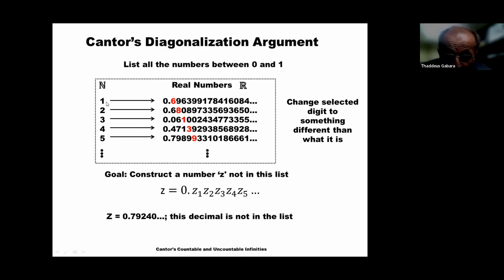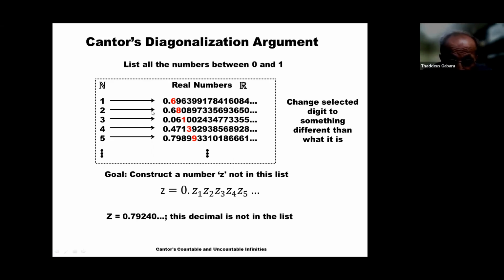So on position 1, he has the number 6. So when he fills in the number in this position that corresponds to the cardinal number 1, he changes the number from 6 to another number. It has to be something different. In this case, it's 1 higher. This number, z equals 0.7, is definitely not this, and cannot be this number.